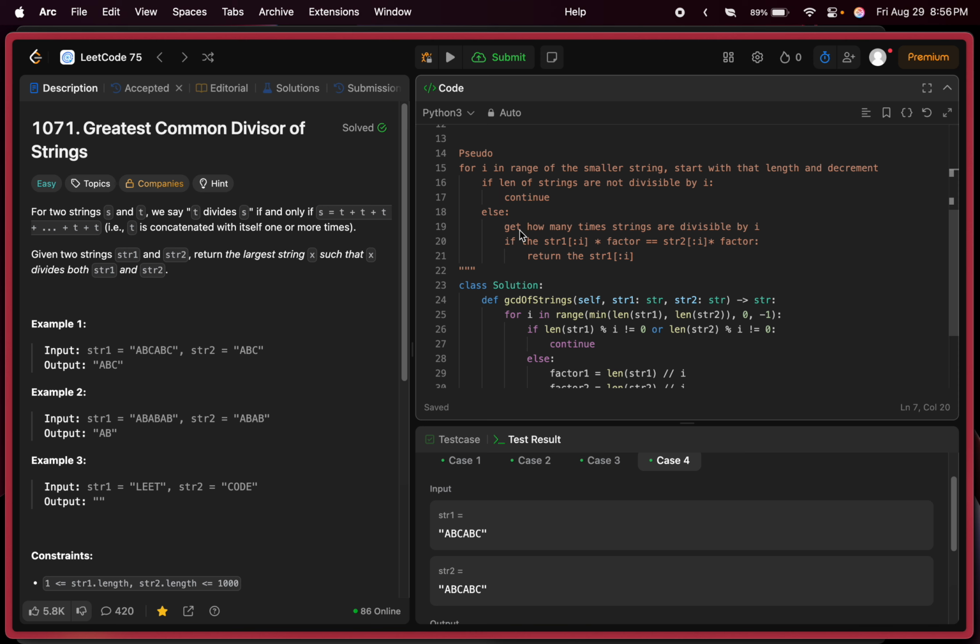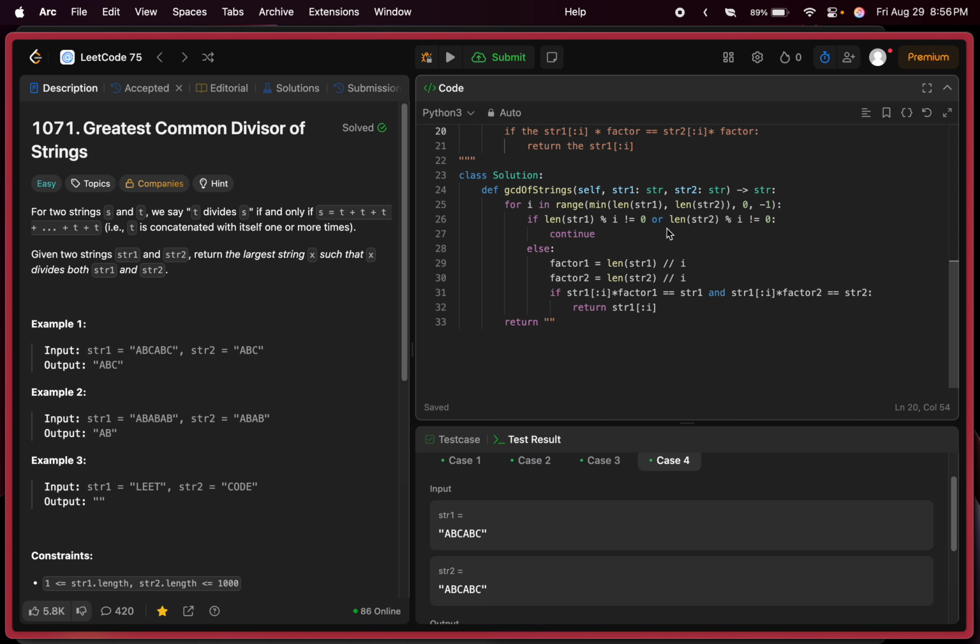Once we get those factors, if we multiply the substring of string 1 by its factor, it should give string 1, and the substring of string 2 by its factor should give string 2. A little bit misleading here: there are actually two factors, not just one, because each factor is unique to whichever string you're looking at. So let's go through the code here very quickly.